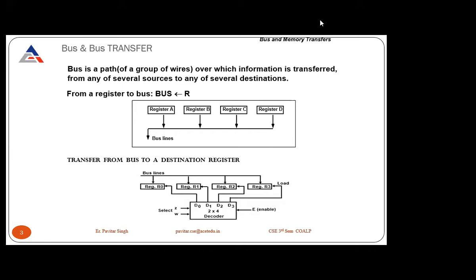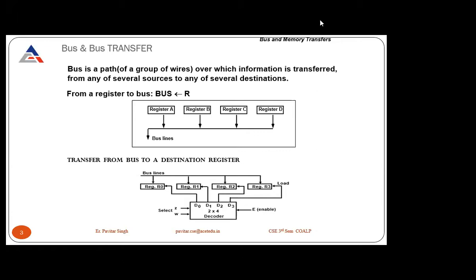The SATA bus is basically what is used in systems these days. Only one register will put the data onto the bus lines at a time, right? So now how can you read this data into the registers?